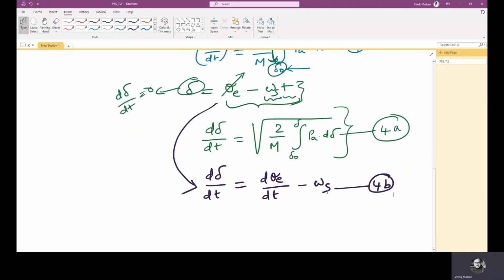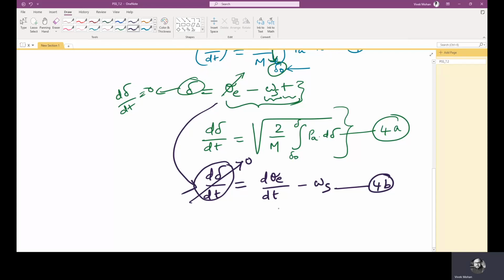Now from equation 4b, it means that the relative speed of the machine with respect to the synchronously revolving reference frame must become 0 for stability, because dδ/dt equals 0 is the condition for stability.